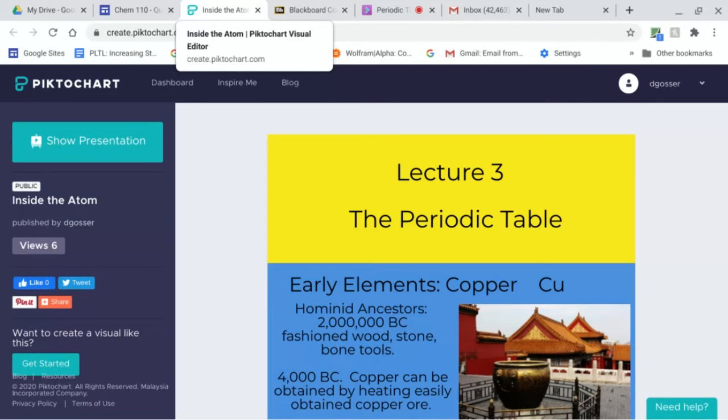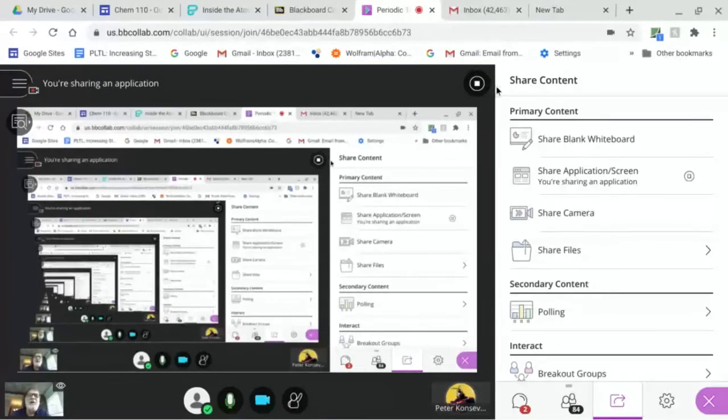So let's go back out of the sharing screen. Okay, so that's our story of the periodic table.